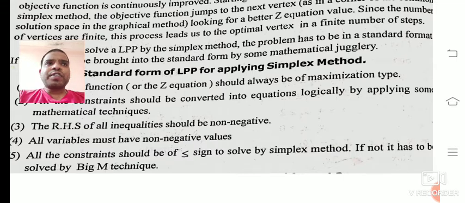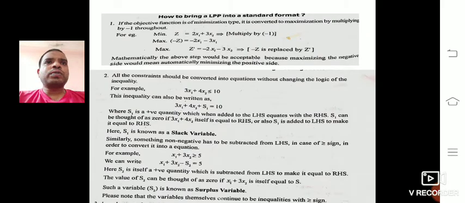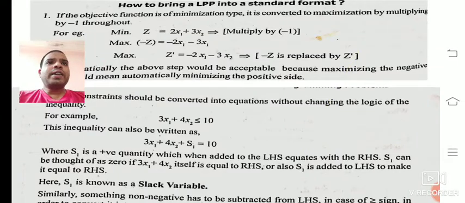The simplex method can be used only for the maximization type of problem, where we use the less than or equal to sign. These are the conditions under which we apply the simplex method. Now the next topic is how to bring an LPP into a standard format.